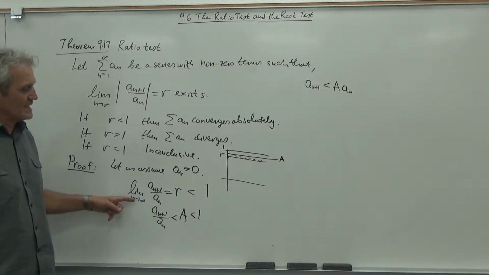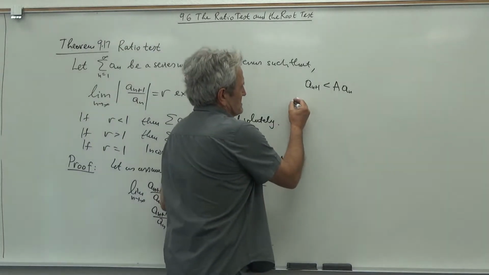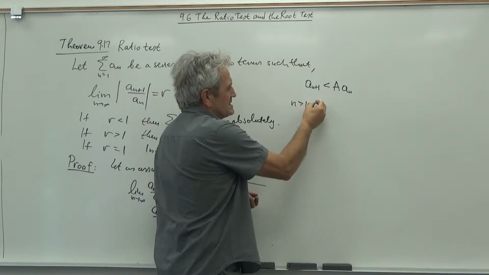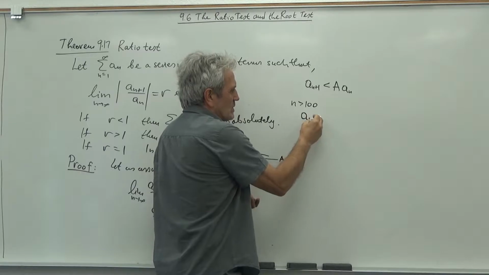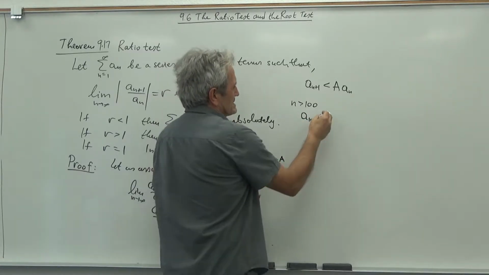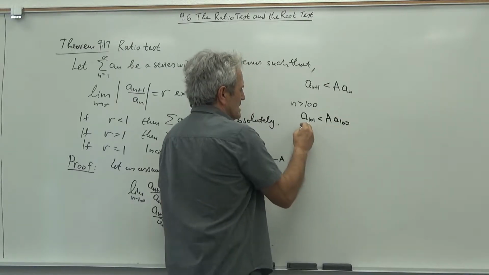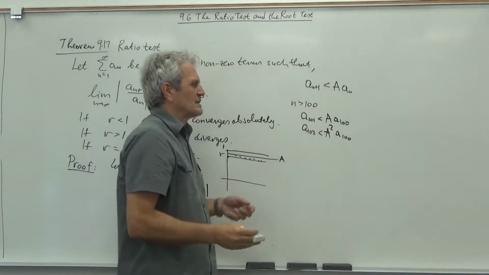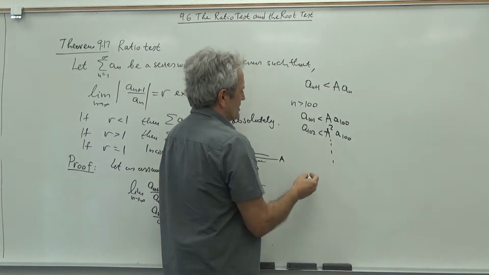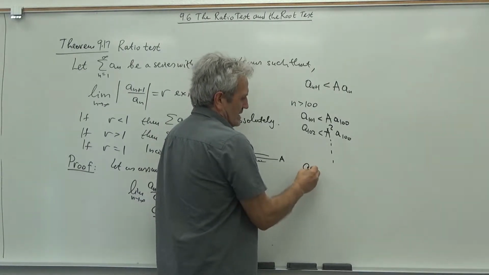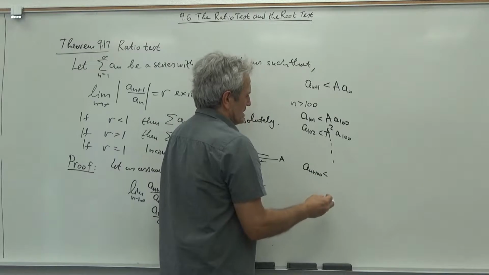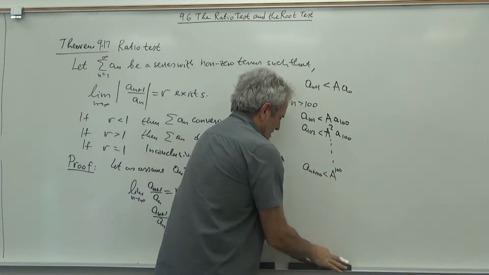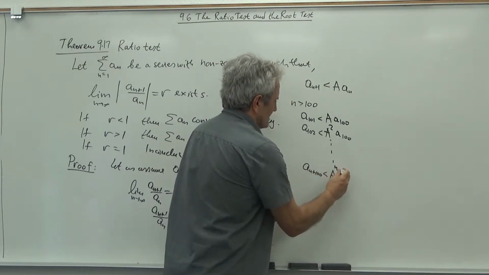So when that happens, let's say for n greater than 100, we'll get a_101 is less than a times a_100. a_102 is less than a squared times a_100, and then what happens? a_{n+100} will be less than a to the n times a_100.